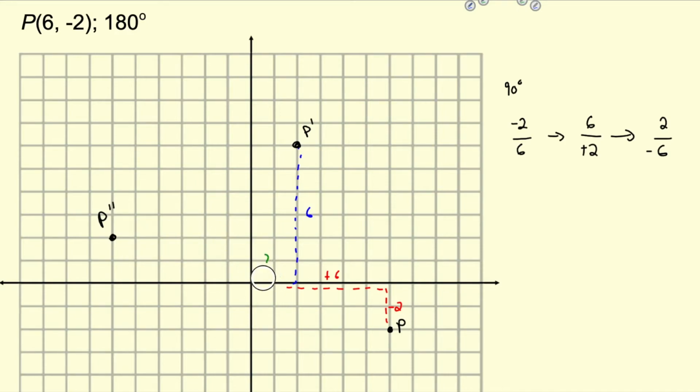Okay, if we take a look at this, note that these points end up having a relationship where they're linear. 180 degrees is linear. We have this positive 6 becoming a negative 6, and this negative 2 becoming a positive 2.